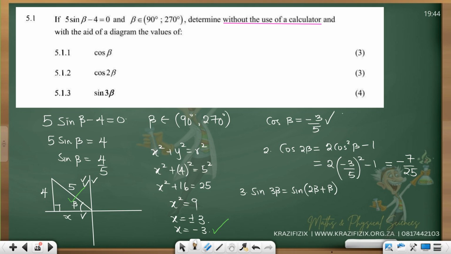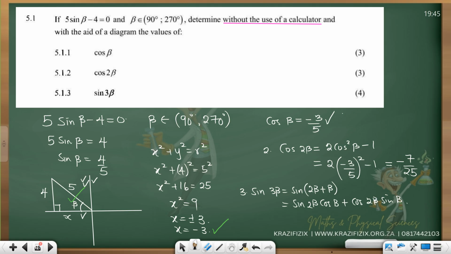Then I'll use my compound angle, which is sine 2b cos b plus cos 2b sine b. Oh, this examiner is clever. I see. Do you notice we have cos 2b already from the second question?